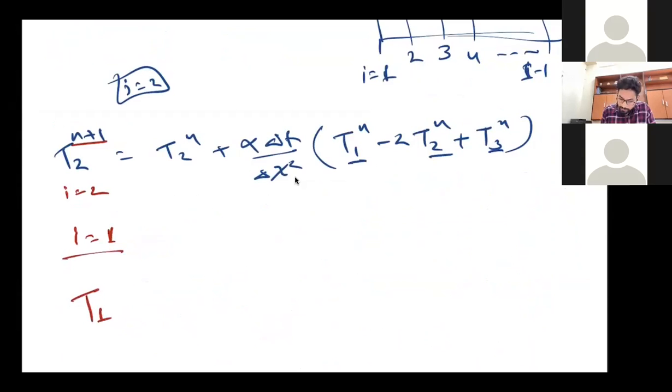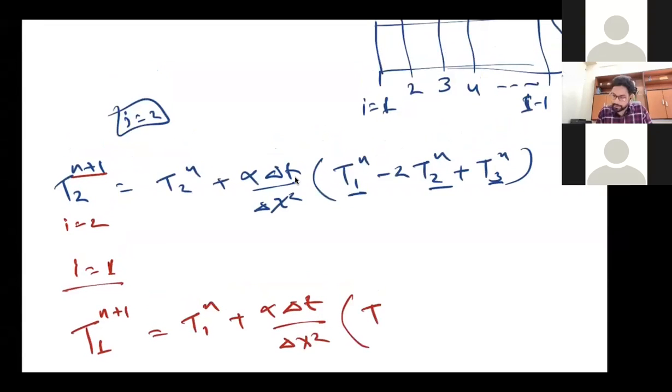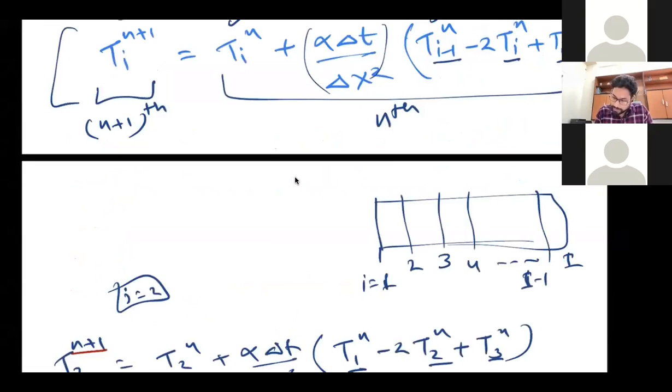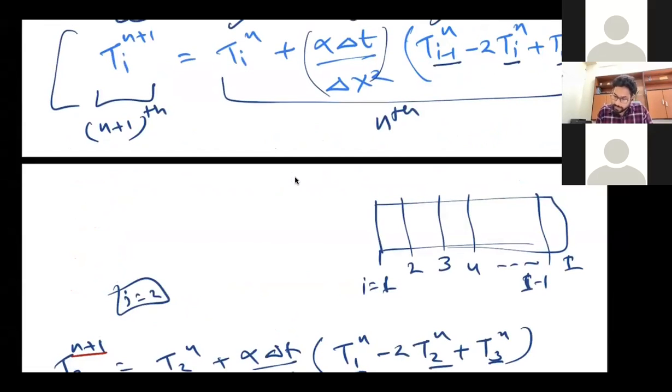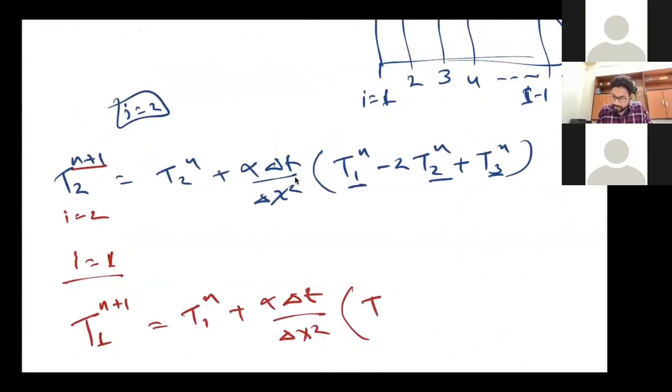What will happen when we want to write this equation for I equal to 1? That will be T1 n plus 1 is equal to 2 T1 n. That is all right. Then alpha delta T by delta x square. Now the problem comes here. It should be I minus 1, and we are considering I as 1 already. So it should be T0.